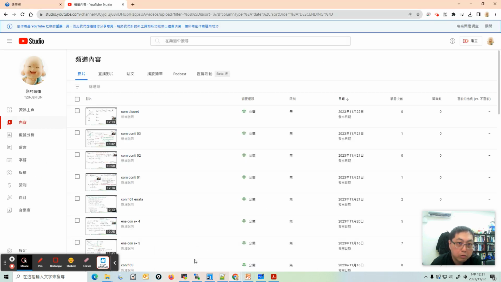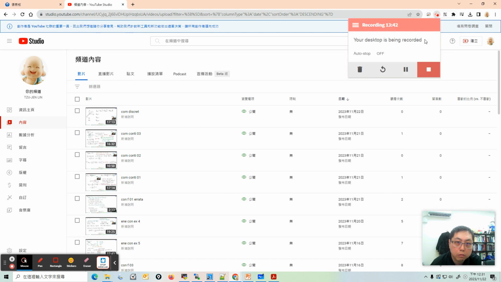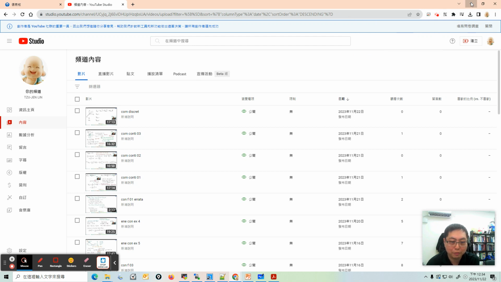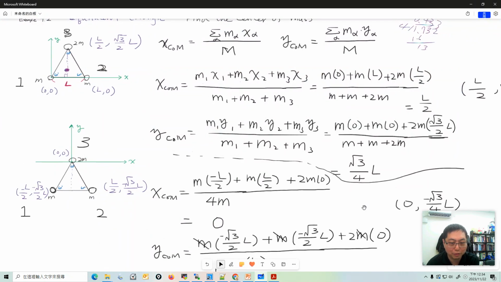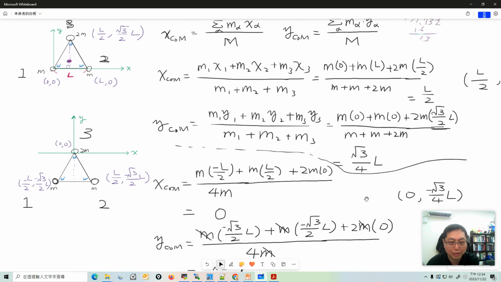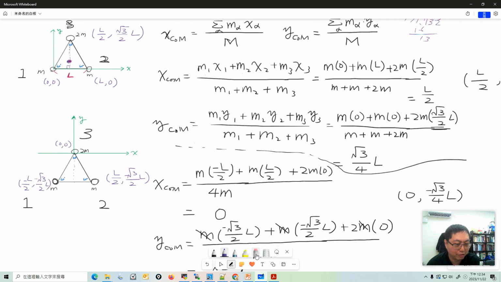Okay, let me stop this for a little bit. Hello, I'm sorry, I just felt a little confused about my answers. I did some checking. I think the problem is that I drew the wrong position. The center of mass is not here.